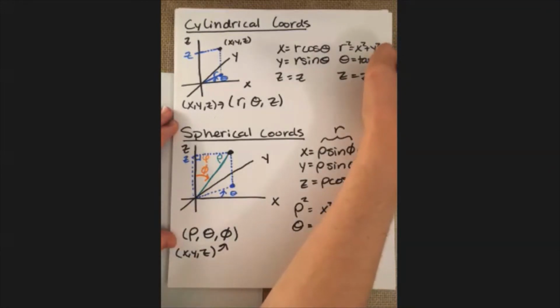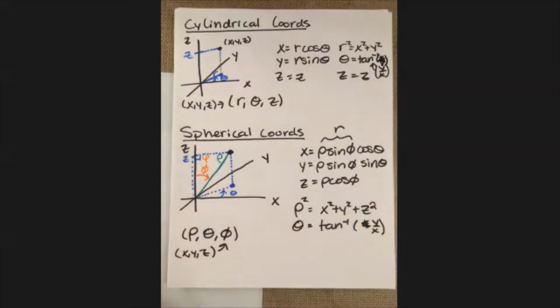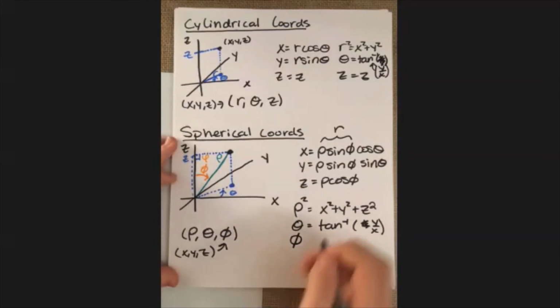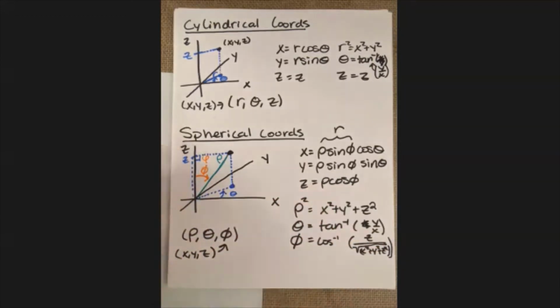I am so sorry. Y over x, just like so. And then phi is equal to inverse cosine of z divided by square root of x squared plus y squared plus z squared. And that just really comes from this guy right here, because rho is equal to square root of all that. So, okay.